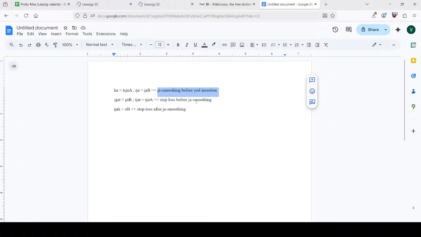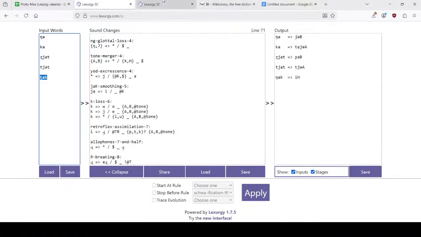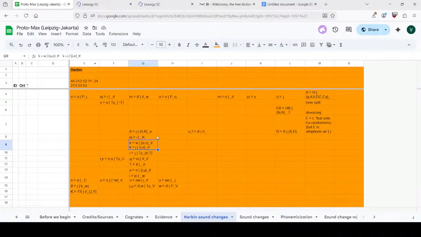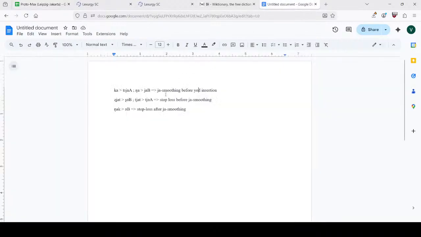So stop loss happens and then yod smoothing and then yod insertion. I think that is how this is going. So I don't think this matters. These two have to go afterwards because stop loss, yod smoothing, yod insertion.